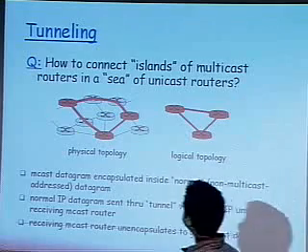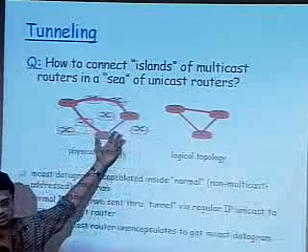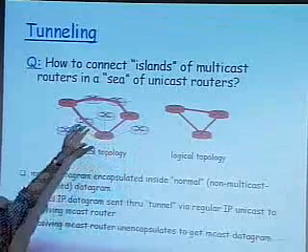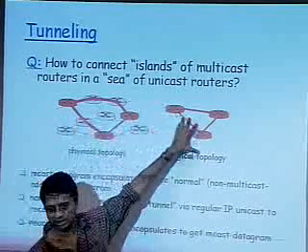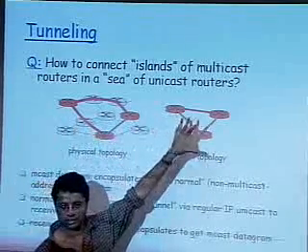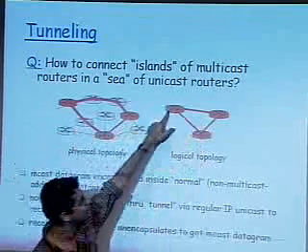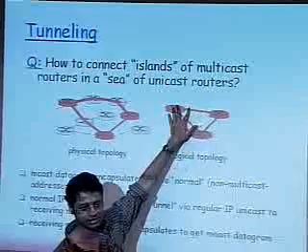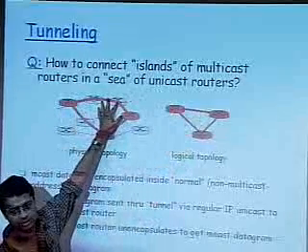So again, here the grey routers correspond to routers that do not understand multicast. The red routers are the ones that understand multicast. So you construct a logical topology of the routers that understand multicast, and any communication between these two routers is tunneled through the routers that do not understand multicast.